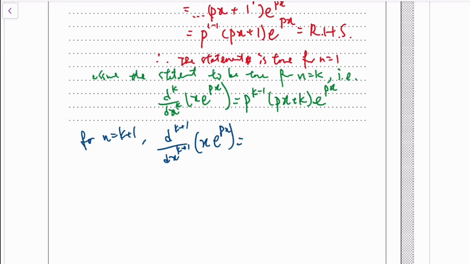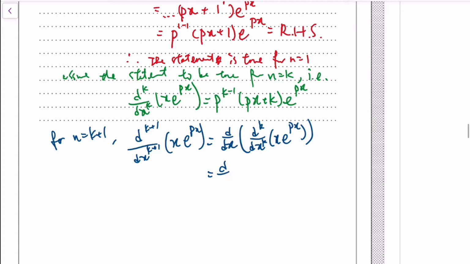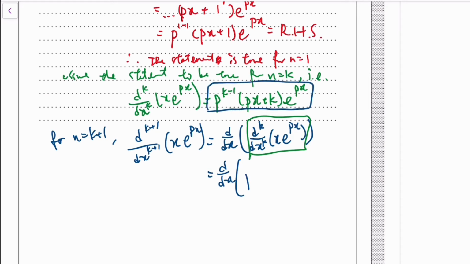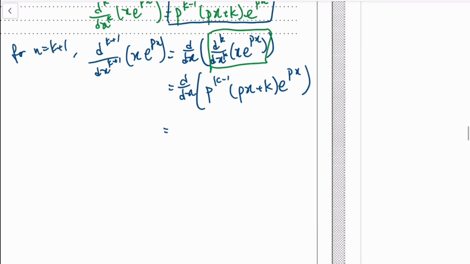But the k plus 1th derivative is the derivative of the kth derivative, but by assumption the kth derivative is this. Alright, so p to the power of k minus 1, px plus k, times e to the power of px. Right, then we simply have to differentiate this.